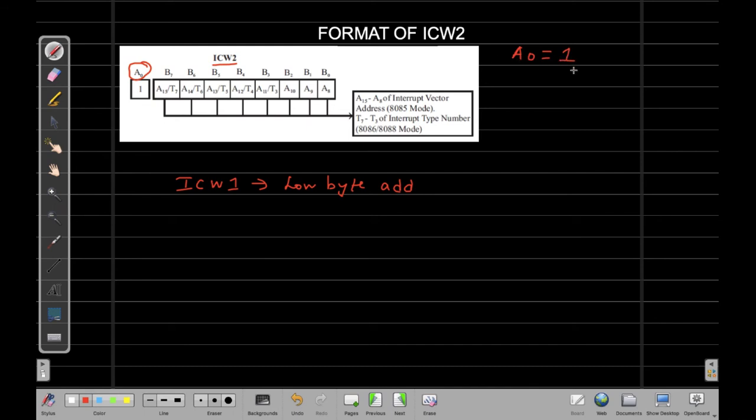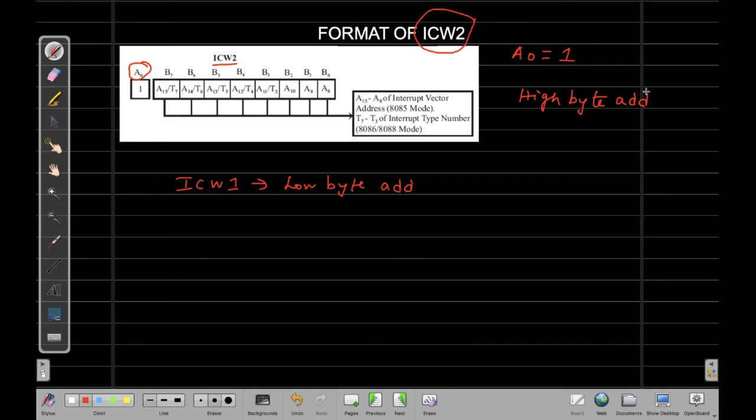When you write A0 equal to 1, it indicates that now the 8085 is going to send ICW2. The 8 bits of the ICW2 register will carry the high byte address of the call instruction. The call instruction will load a 16-bit address, out of which 8 bits are coming from ICW1 and 8 bits are coming from ICW2.